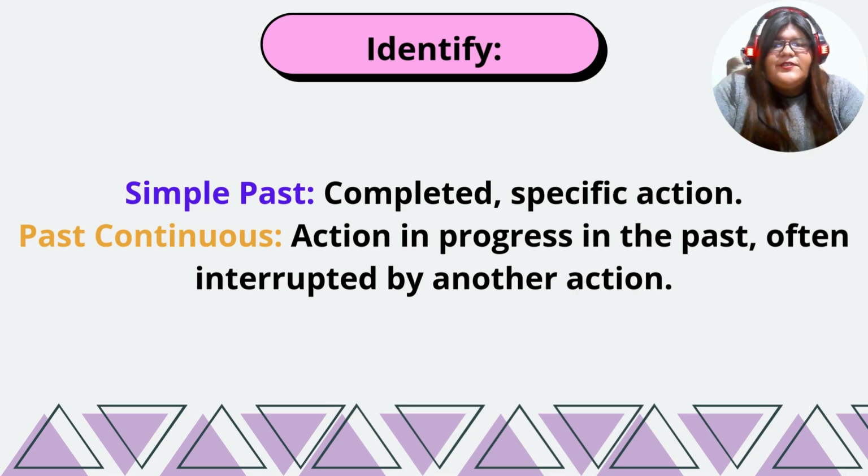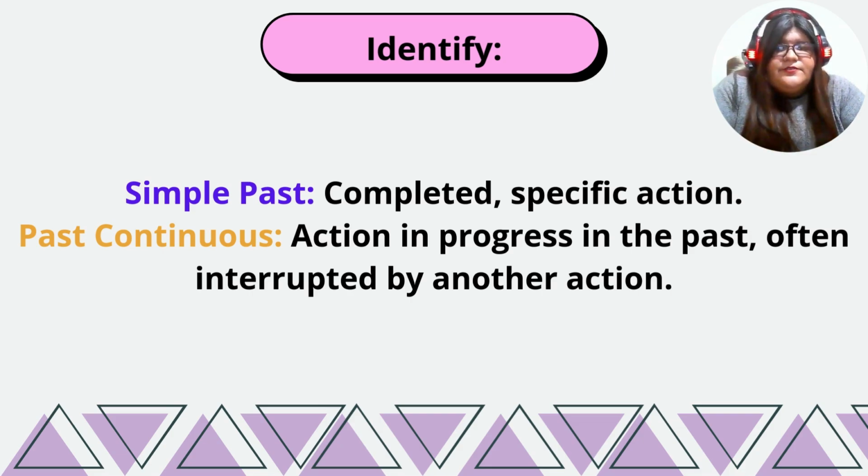So now we have here like a bonus tip, right? For example, how can I identify them? The simple past expresses a completed or specific action. The past continuous, an action in progress in the past, often interrupted by another action. So pay attention to those details.